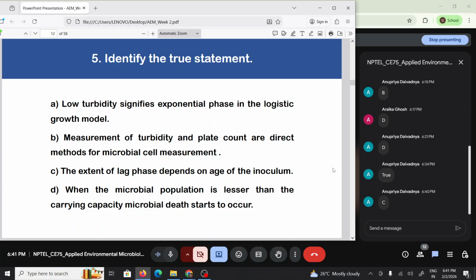I have just reshared it. I've stopped sharing and reshared it again. Hope it is visible now. Yeah, ma'am. Now it is visible.